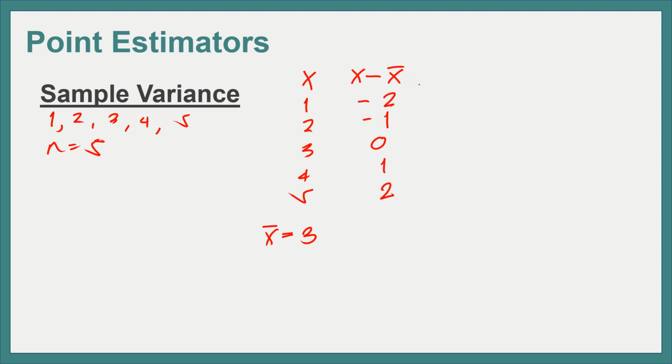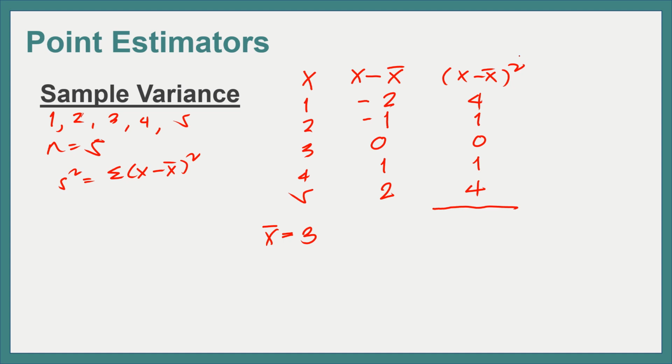After getting the mean deviation, we will get the square of the mean deviation. So, negative 2 squared is equal to 4. Negative 1 squared is equal to 1. 0 squared is equal to 0. 1 squared is equal to 1. And 2 squared is equal to 4. So, as we said earlier, s squared is equal to the summation of the squared mean deviation.